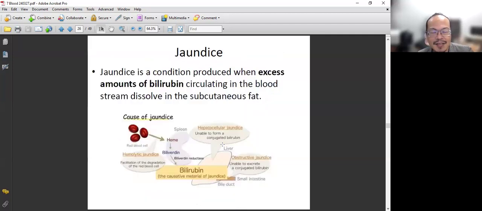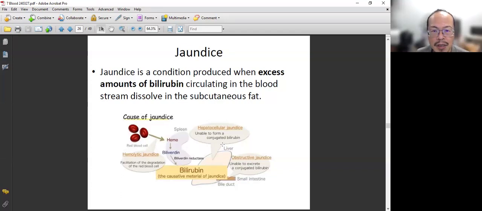I think that's everything. A clinical condition would be that if there is a liver issue, you will see jaundice, right? Because that's the accumulation of too much bilirubin in the circulation. If they don't get processed by the liver, they accumulate in the body.